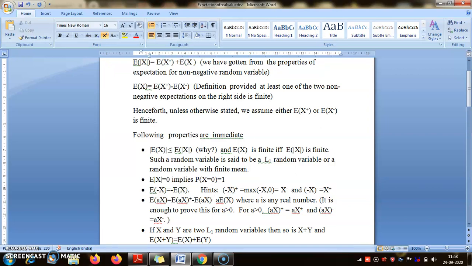And now you have to apply this condition: what is ax plus? It is a into x plus. Now my question is, what would be the expectation of a into x plus?